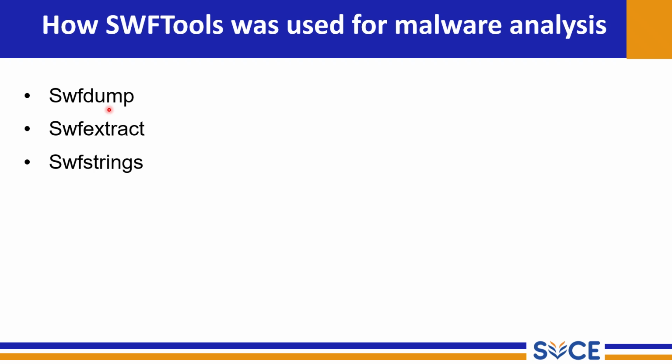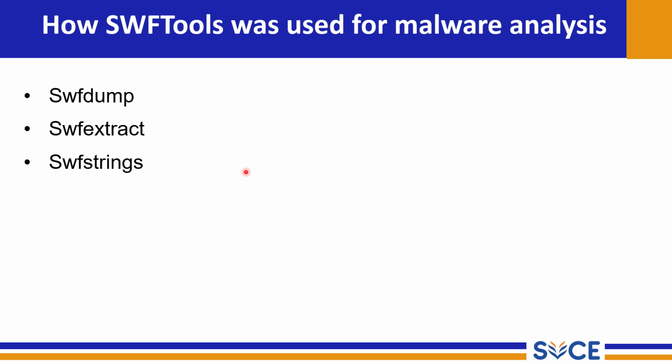By analyzing the way internal elements refer to each other, analysts could map out the program's flow and identify suspicious dependencies.